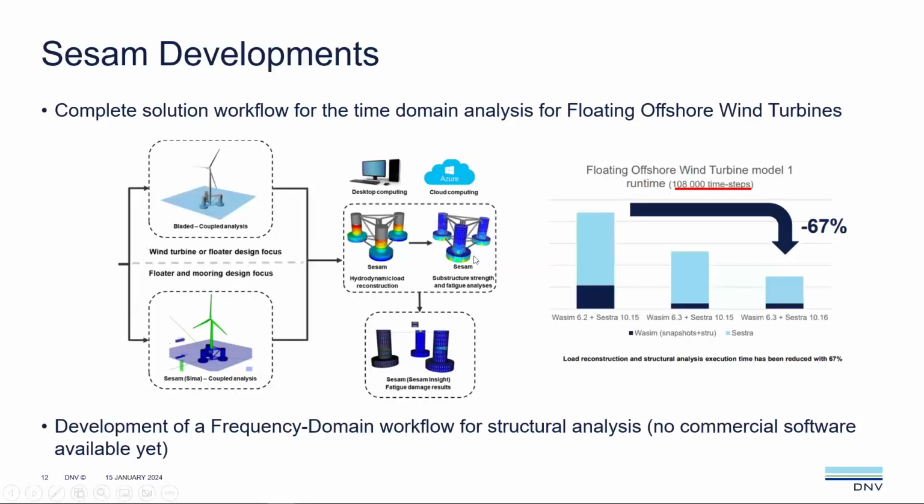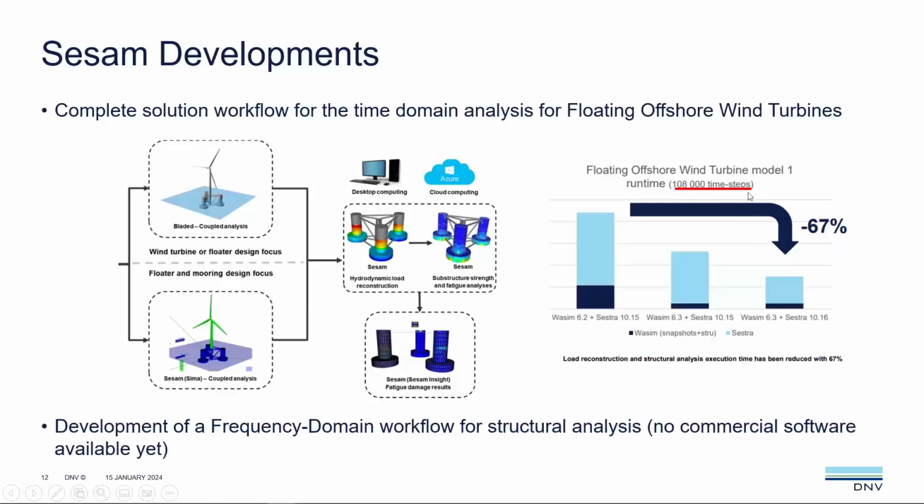So on the left-hand side, you can see the workflow that I was showing before. So starting with coupled analysis, going to more detailed structural analysis. And on the right-hand side, you can see the reduction in computational time, just more than 60%, for the latest releases of some of these structural and hydrodynamic software.